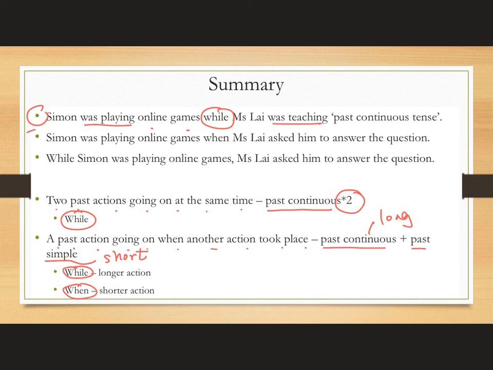Example, Simon was playing online games when Miss Lai asked him to answer the question. Example 3, while Simon was playing online games, Miss Lai asked him to answer the question.